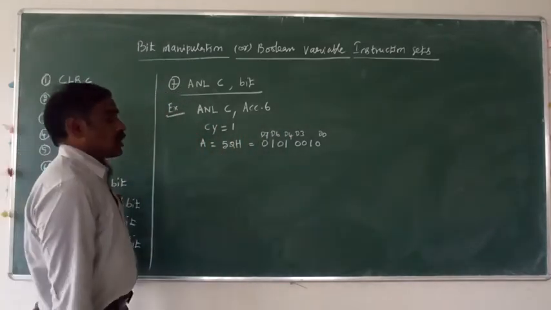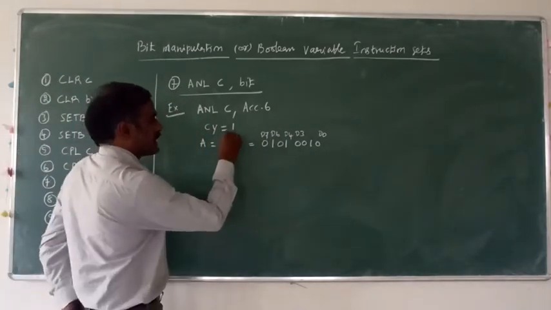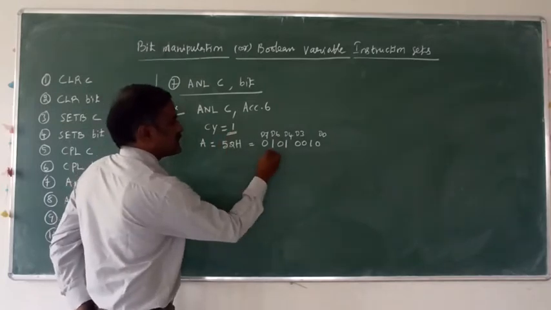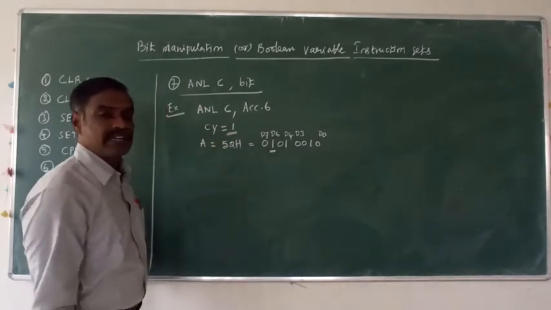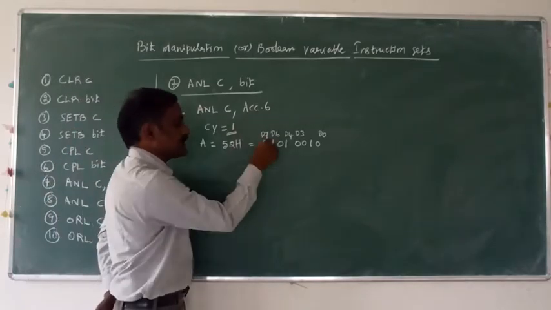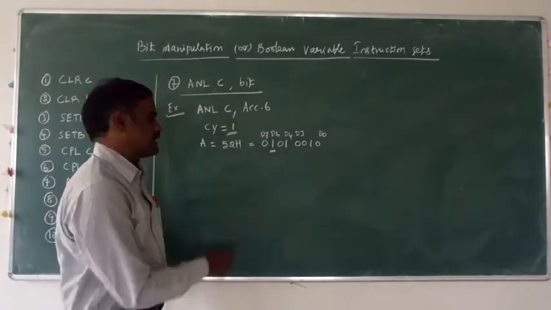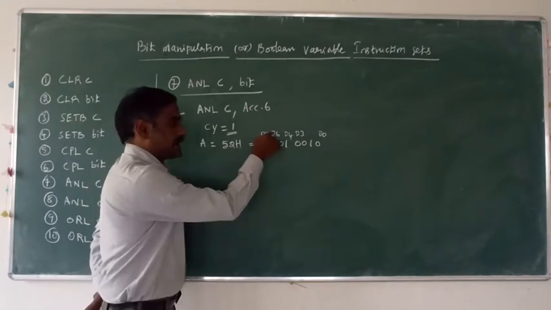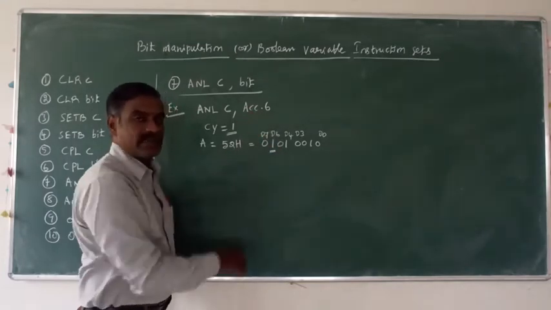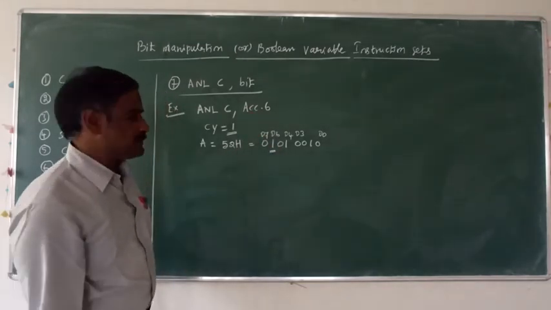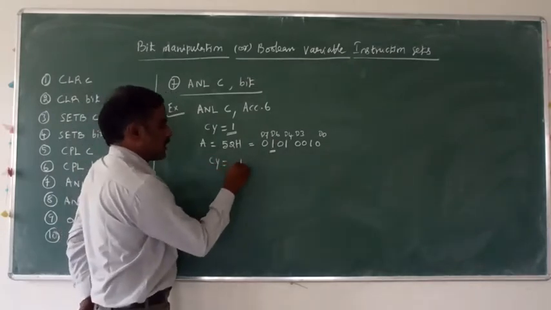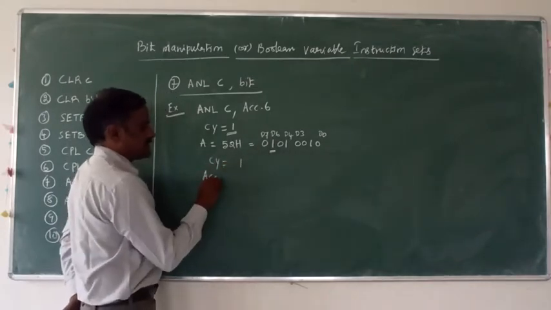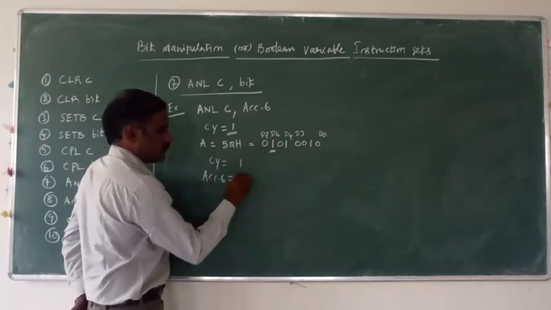Here, logically AND carry with D6 of accumulator content. D6th bit of accumulator content. Accumulator 52, D6th. ACC dot means 6th position bit. Here the carry equal to 1 and the ACC.6 equal to 1.